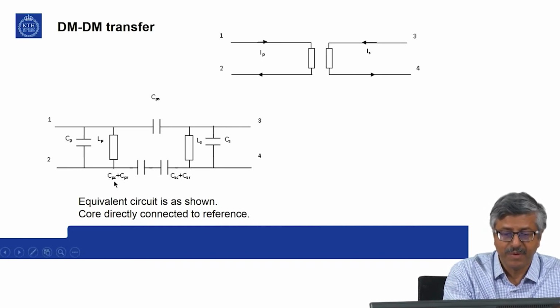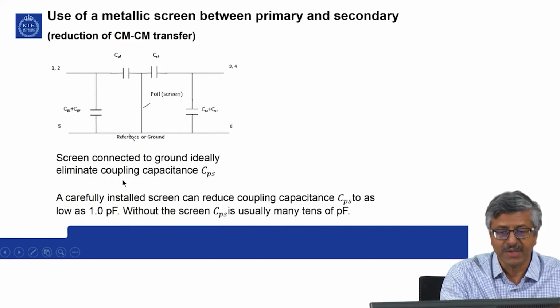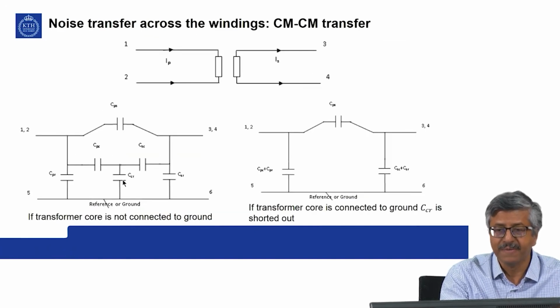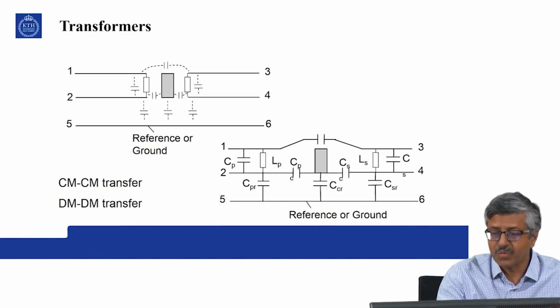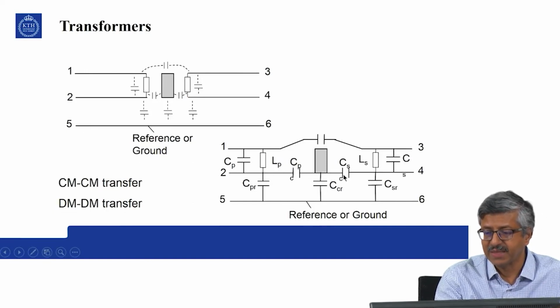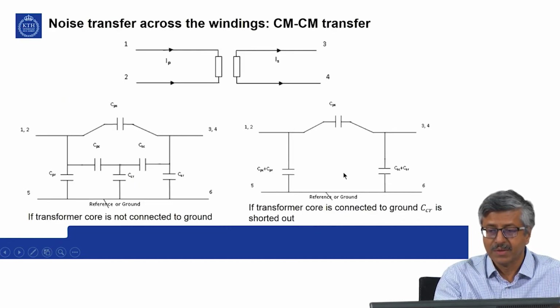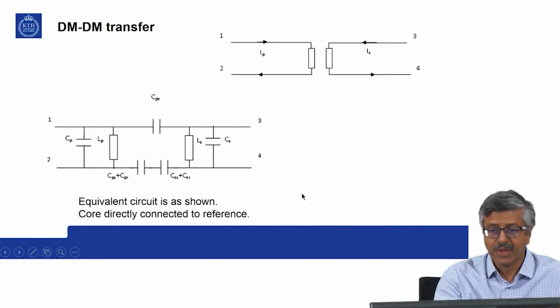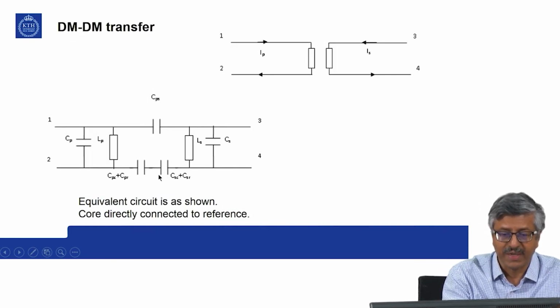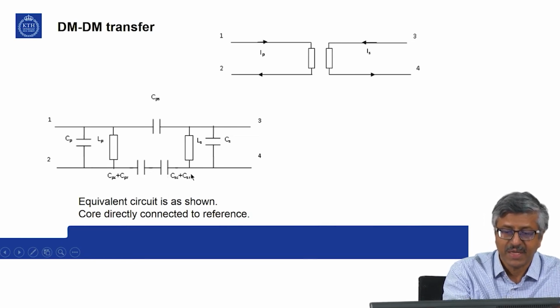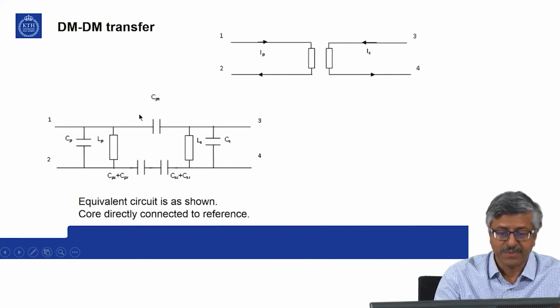So, if you take this one, then the core is connected to the reference, these two become parallel, these two become parallel. So, you just add it up. And those two are connected in series, it comes like that. So, this will be the circuit.